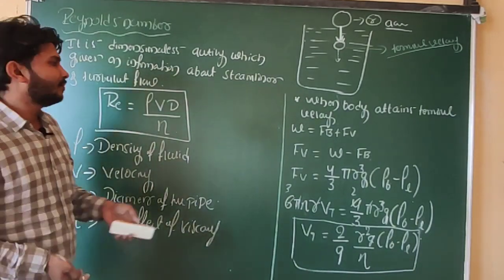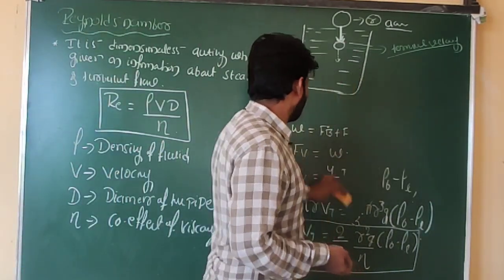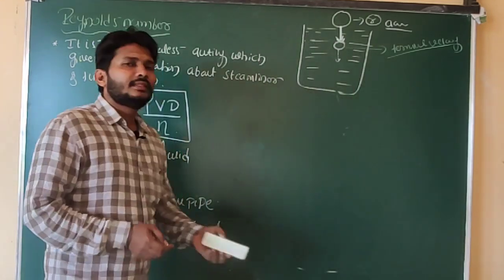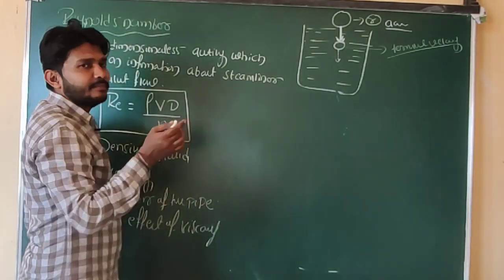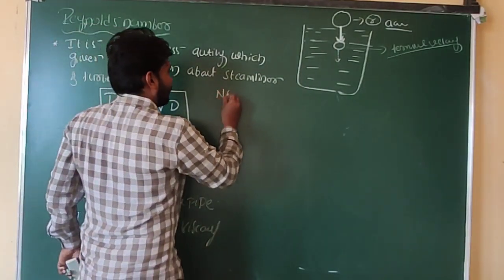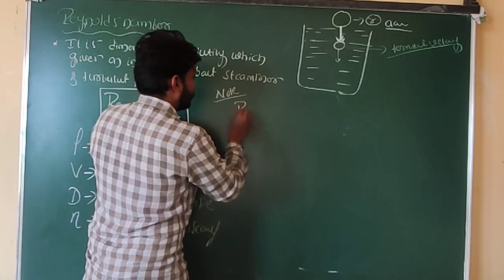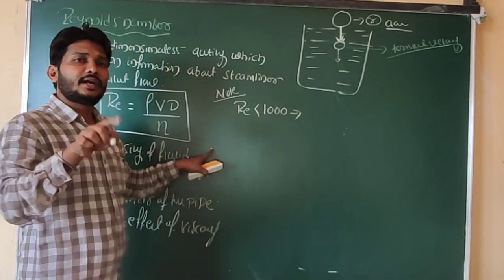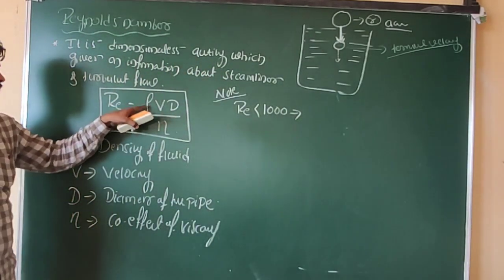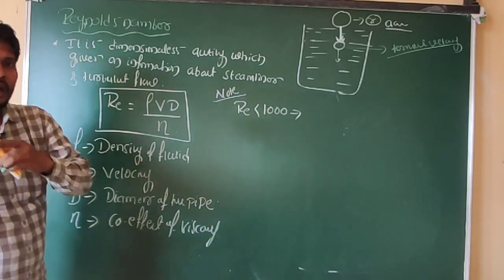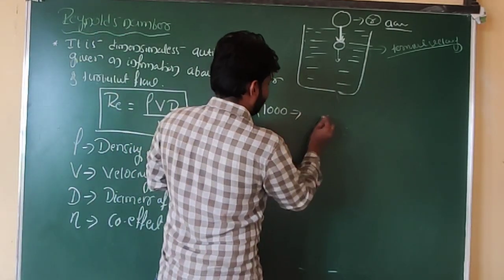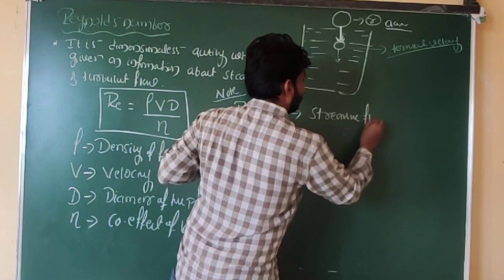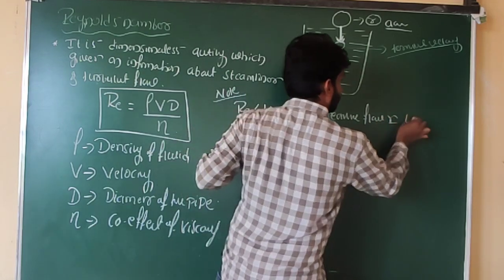So how can I say whether the flow is streamline or turbulent? For example, if the Reynolds number value is less than 1000, then that kind of flow we can consider as streamline flow, or also call it laminar flow.